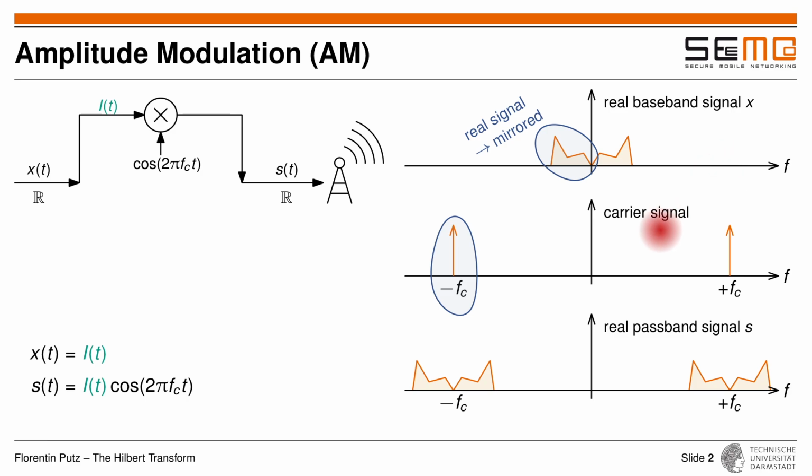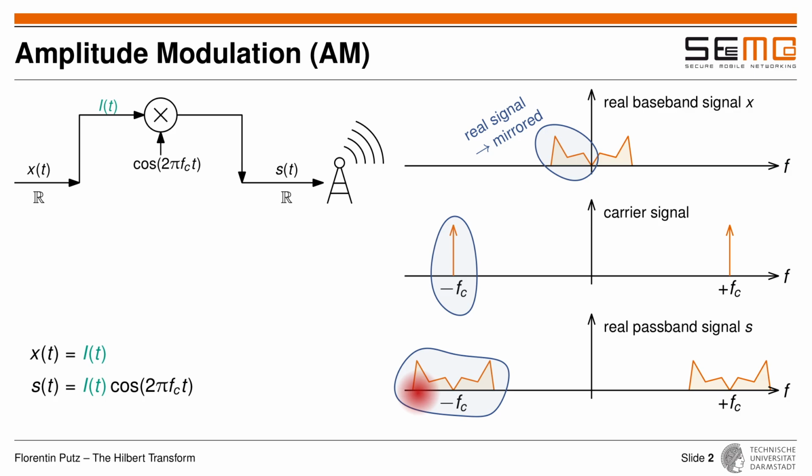And because the baseband also had negative frequencies that are exactly mirrored from the positive frequencies, they really become visible now at the passband because everything here just gets shifted up to the carrier frequency. So here we can see what previously was positive and negative frequencies. And this is still a real signal because everything that's in the positive frequencies, we also have at the negative frequencies exactly mirrored.